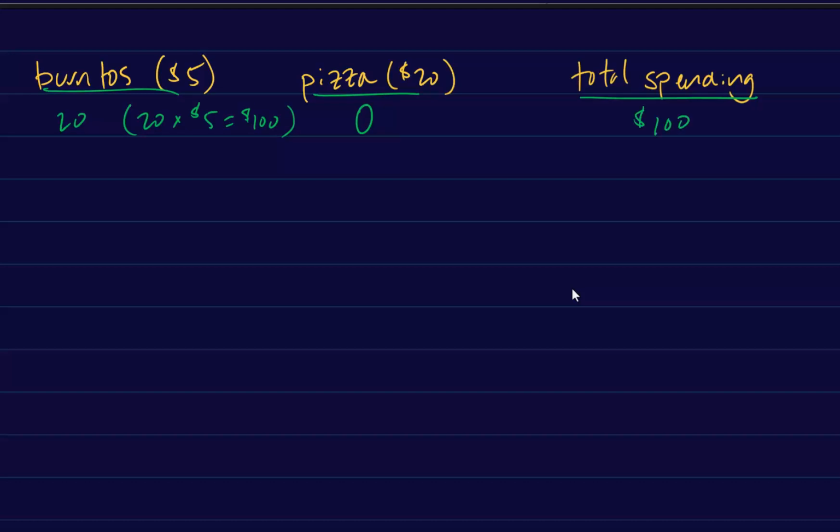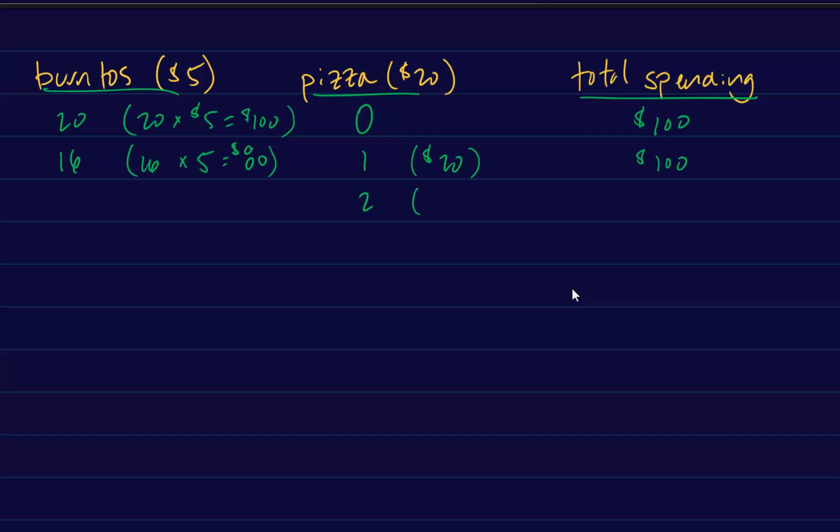Now next, since pizzas are the more expensive item, we'll use that as our starting point in each case. If she buys one pizza, then that's going to be $20 of her budget, and so she can spend $80 on burritos. So that's going to be 16 burritos.